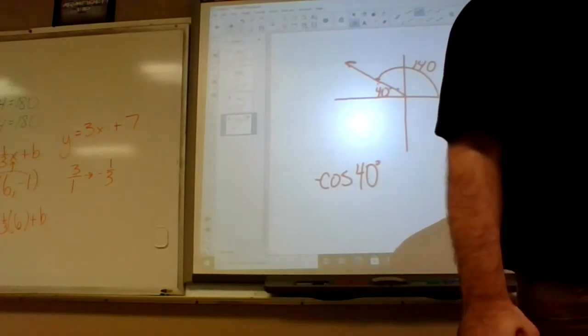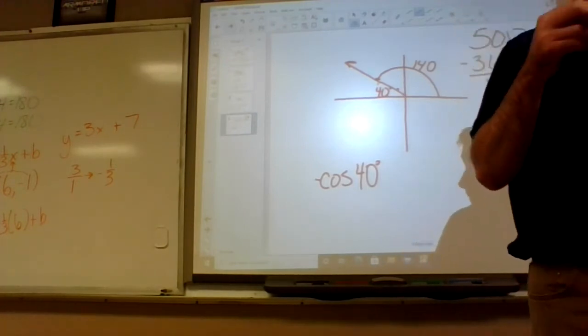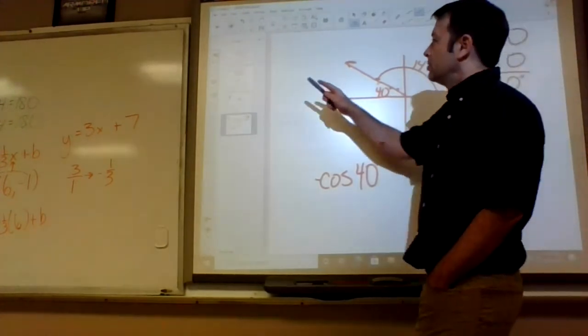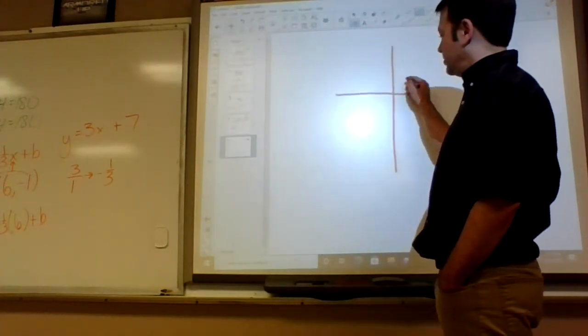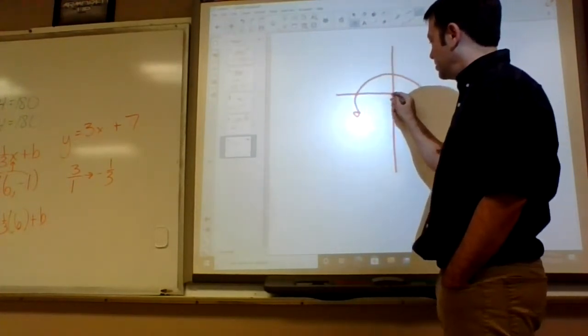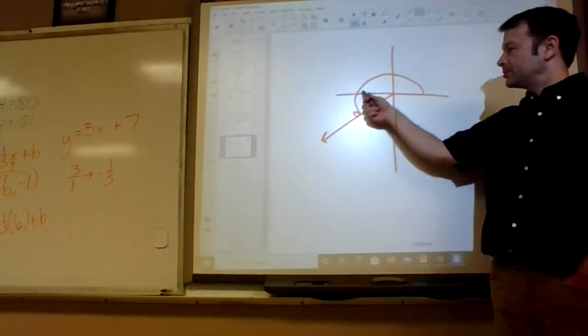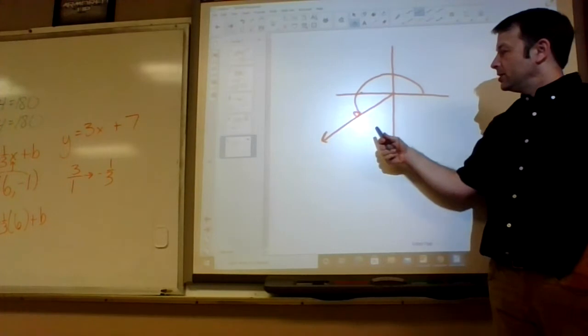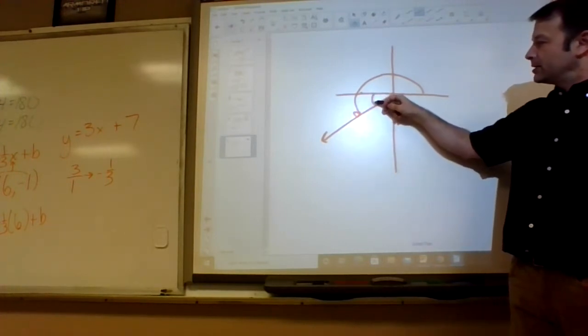Okay, number 3. What quadrant would 224.5 degrees be in? In the third quadrant. Right, it's past 180, so it would be all the way down here somewhere. This is 270, so it's not that far. This is 180, it's past that. The reference angle is right here.